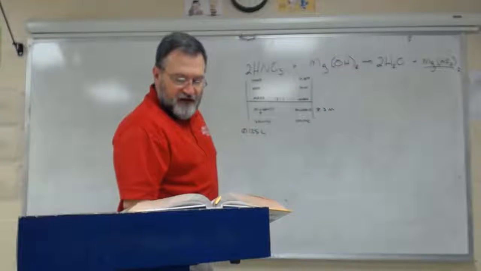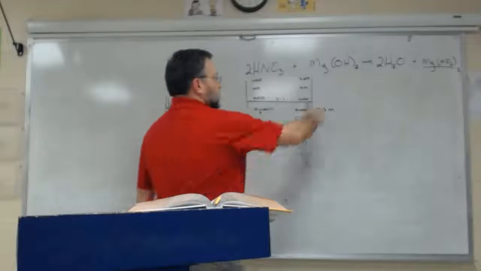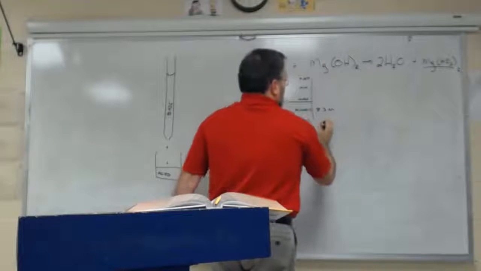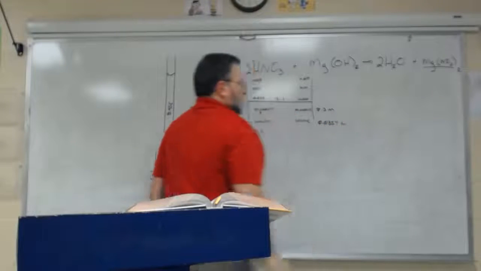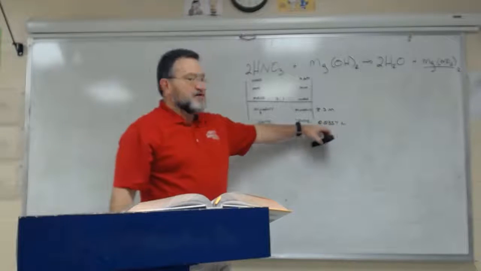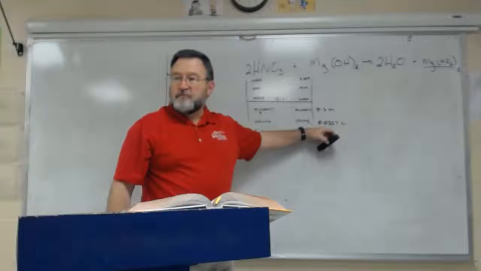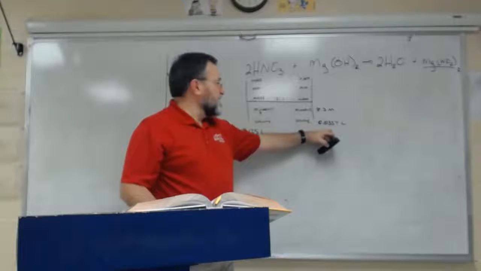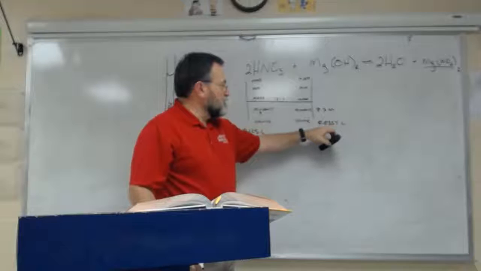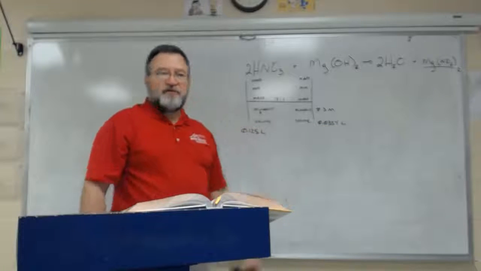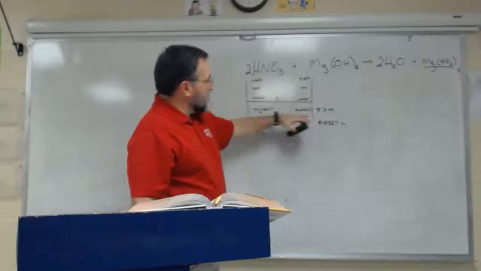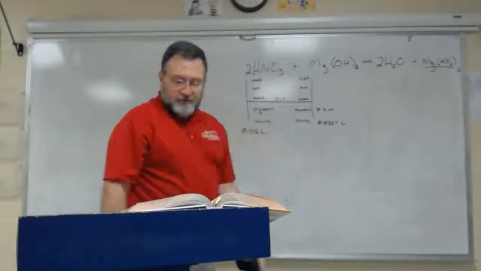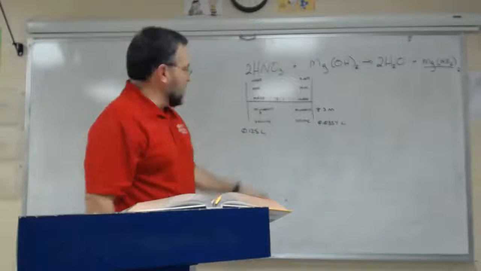If 35.4 milliliters of base is required, this is my base, right? 35.4 milliliters is 0.0354 liters. You with me on that? I just moved it over 3 places and changed the units to liters. If my magnesium hydroxide has that molarity and I use that much of it, what is the concentration of the acid?